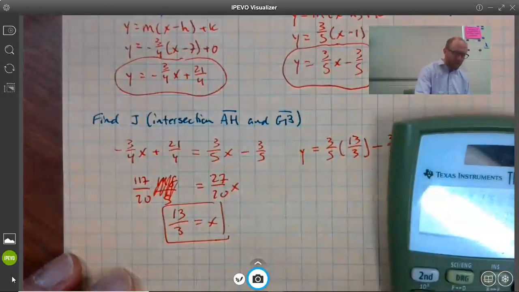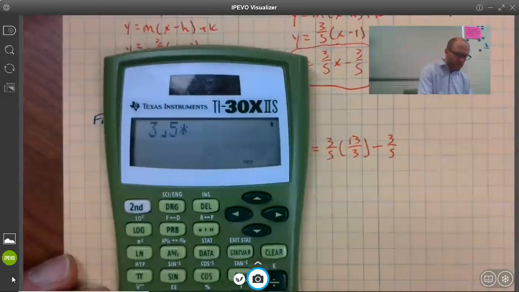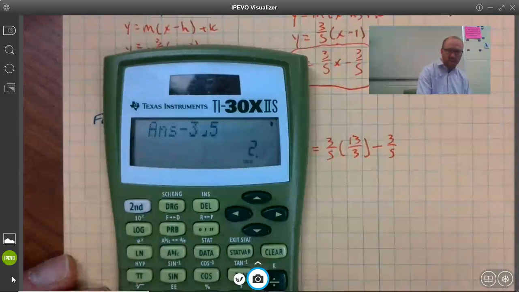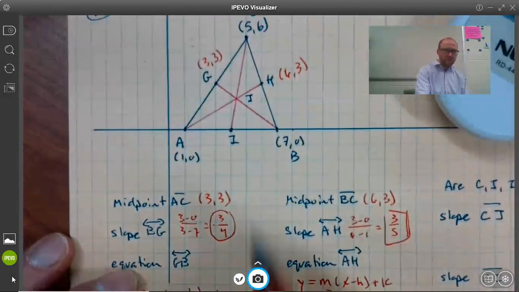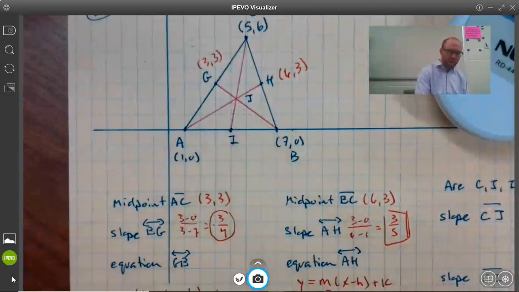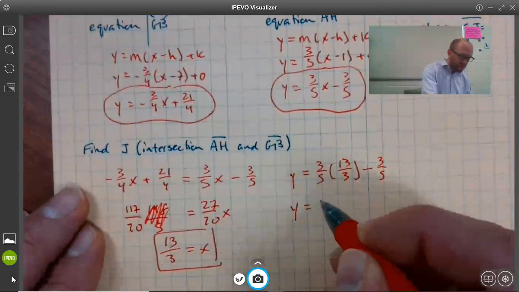So we'll go 3/5 times 13/3 is 2/5, minus 3/5 gives us 2. Which looks about right. So our y coordinate is 2.